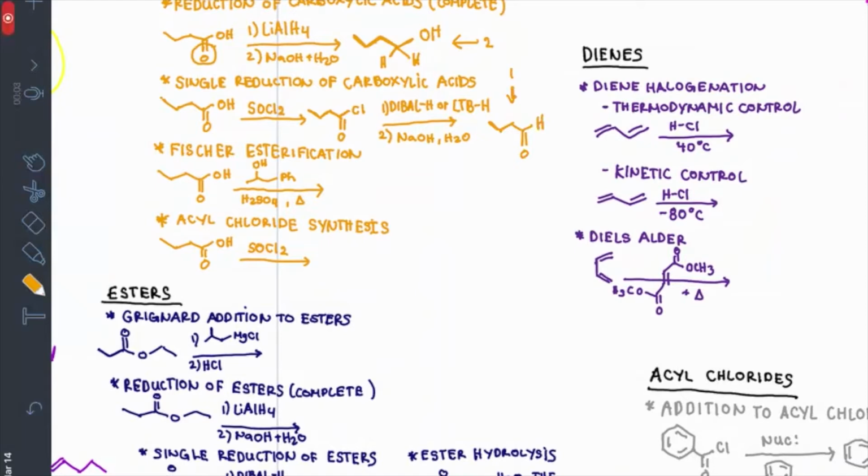Now let's look at Fischer esterification. So Fischer esterification is essentially we're taking a carboxylic acid and we're going to add an alcohol onto it to make an ester. So in this case, our alcohol species is this one right here with the phenyl group. And so we're going to first draw out our carboxylic acid.